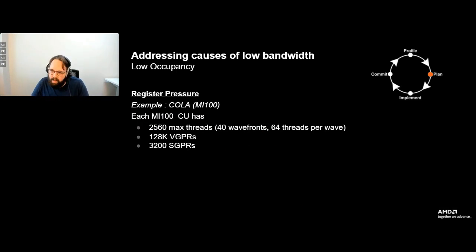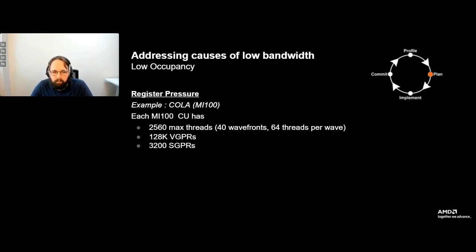So we're going to do a quick example to try to illustrate how this works in practice. So let's look at the MI100 compute unit. The MI100s can support 40 wavefronts in flight at any given time. And each wavefront has 64 threads per wave. Okay, so if I multiply those two together, that gives me 2,560 threads in flight per compute unit if I were at 100% occupancy.